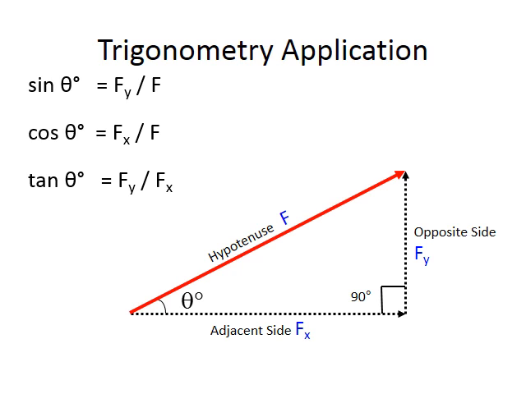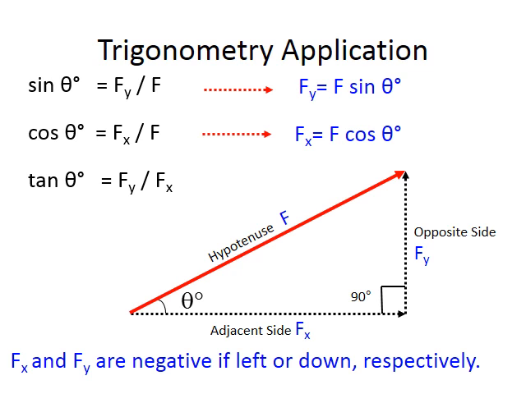So if we are given F, our force, and we know what the angle is, we can calculate what Fy is by just merely rearranging. So Fy is simply the sine of theta times F. Similarly, we can do the same thing to find Fx, which is rearranging the cosine formula, and we get Fx is F times the cosine.